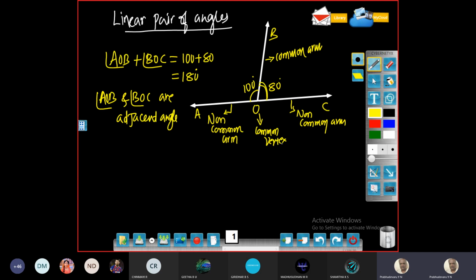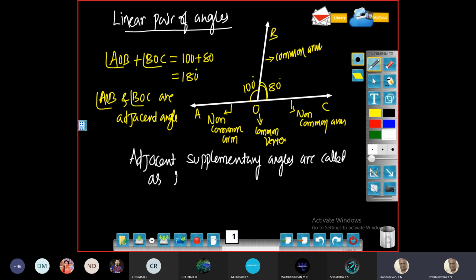So that means adjacent supplementary angles are called as a linear pair of angles.